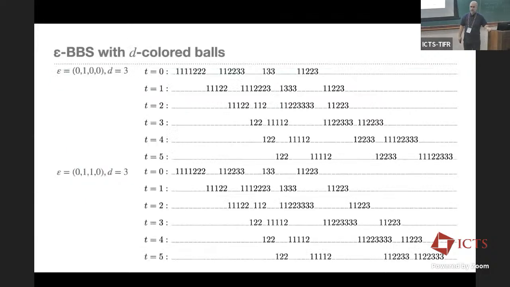Of course, I don't want to compute, but anyway, here is the expression for the colored box ensemble system. If we change the color order, even if we start from the same initial value, the final result could be changed. Of course, it should be so. This is some extension of epsilon BBS, and actually more extensions are also possible.